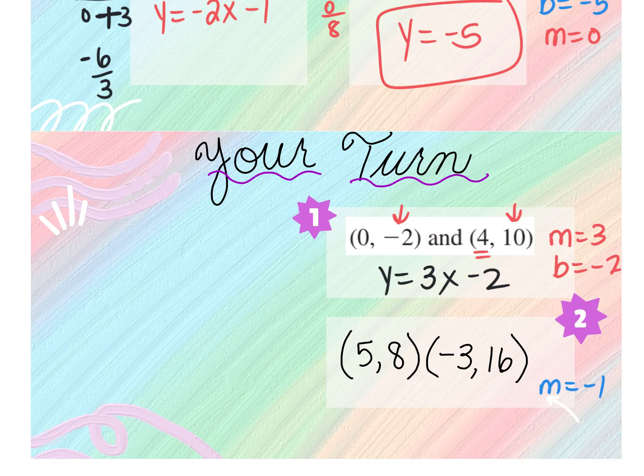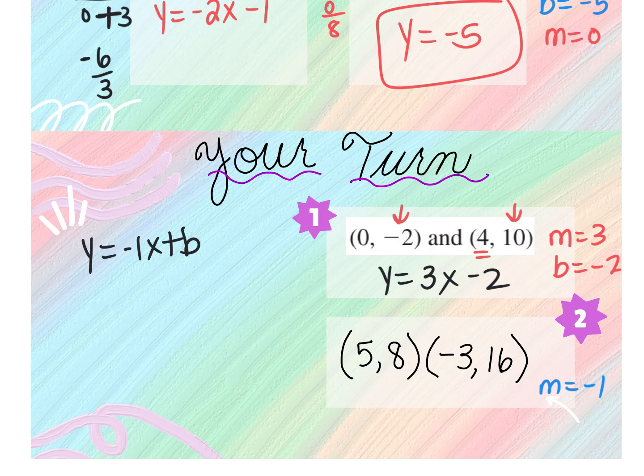Tell me what slope-intercept form says. What part of this equation do I now know? The m. So if I replace the m with a -1, isn't -1 being multiplied to x? Right?